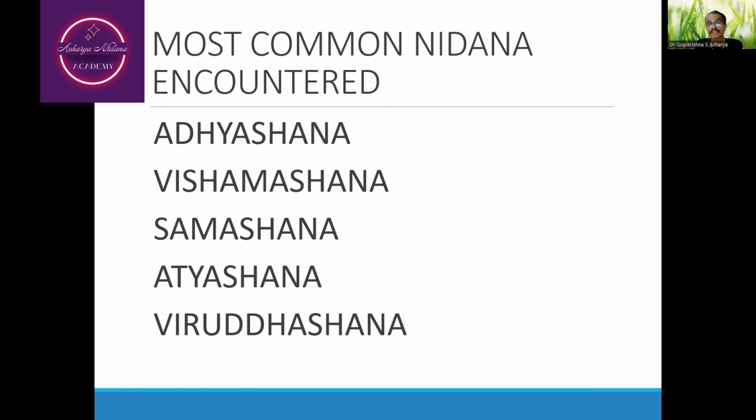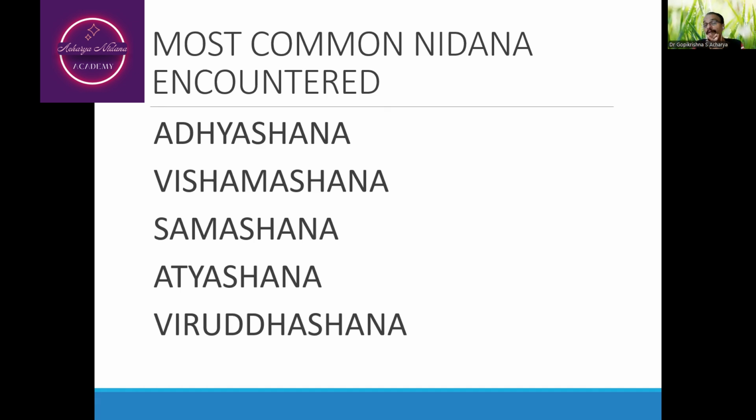Vishamashana. The term Vishamashana refers to abnormal diet pattern in terms of quantity and timing. When you talk about quantity, it is irregular: sometimes you take the food too large, sometimes too little.